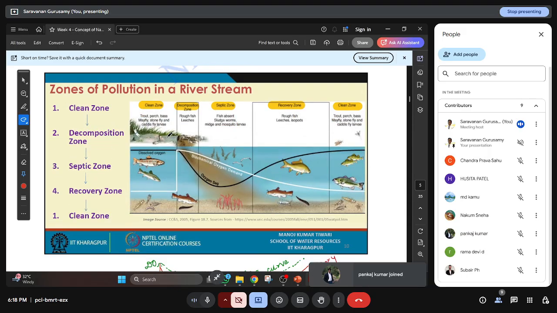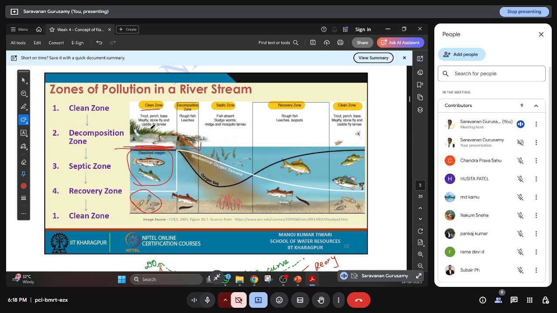Then whenever a pollutant enters the water, we will get 4 zones, right? In the river I am saying. First the river is coming with pure water, that is called a clear zone. All the microbes will be there, all the fishes will be active and alive, because the dissolved oxygen is high. So we have dissolved oxygen up to this level, and that is called a clear zone.